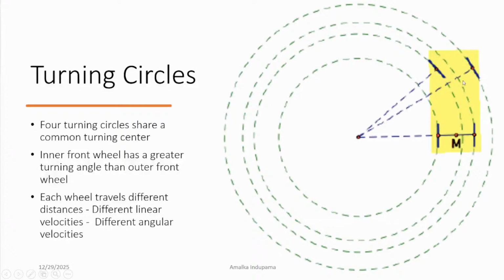This is the inner side, outer side, and these are the front wheels. Even the front wheels are taking different turning circles. And especially you can see that these front wheels have different angles which are projected in the center, right? These angles are different whenever it takes a bend or turn, right?